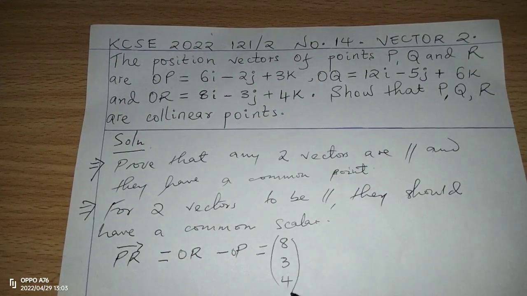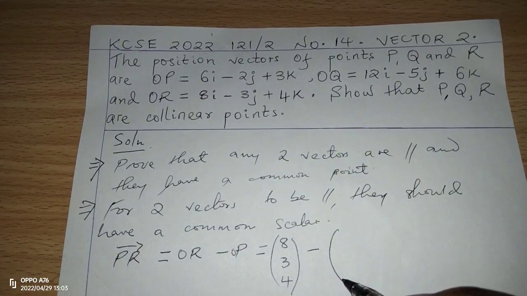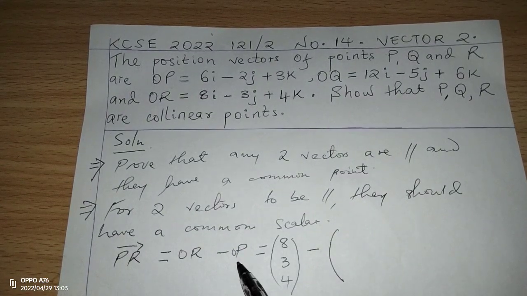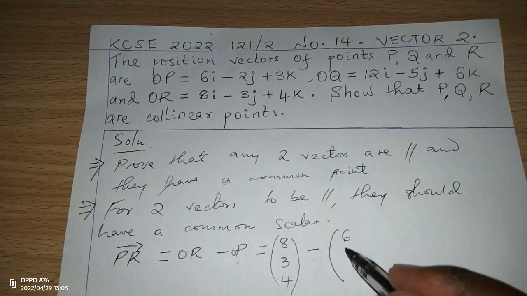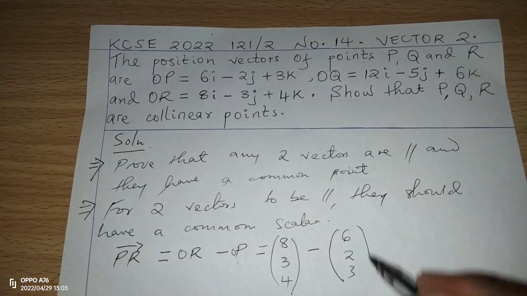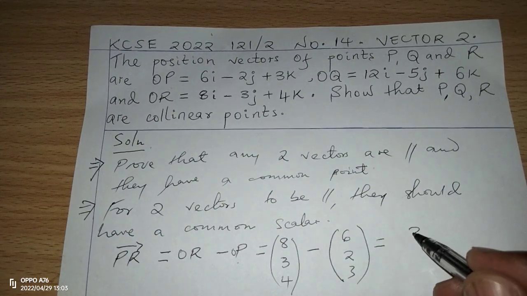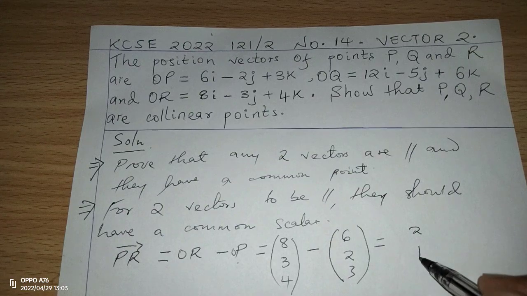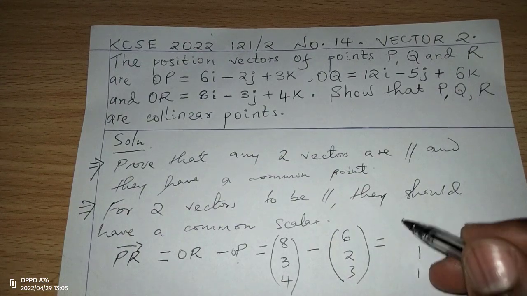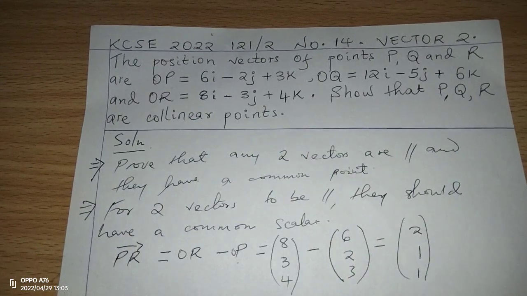I'm just picking the constants and leaving the unit vectors. Then P, which is 6, 2, and 3. And this will give us 2, 1, and 1. So that is vector PR.